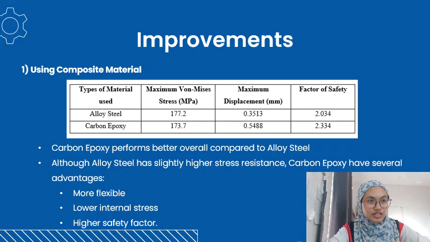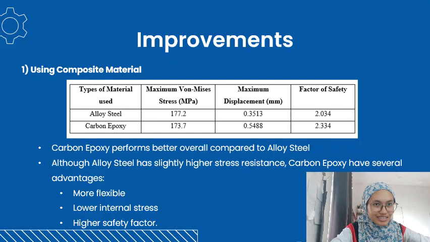So we tried to simulate, and from the table that you can see, from the overall result, carbon epoxy performs better than alloy steel, even though alloy steel has slightly higher stress resistance. Carbon epoxy offers some advantages, which are more flexibility, low internal stress, and a high safety factor.